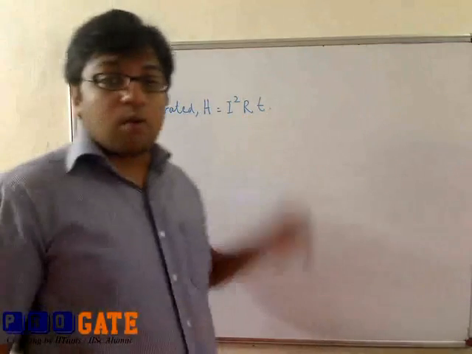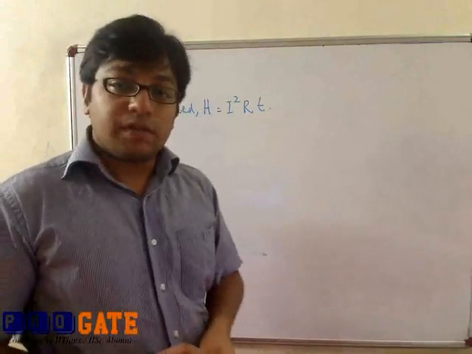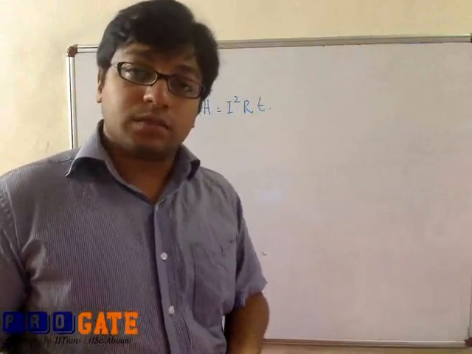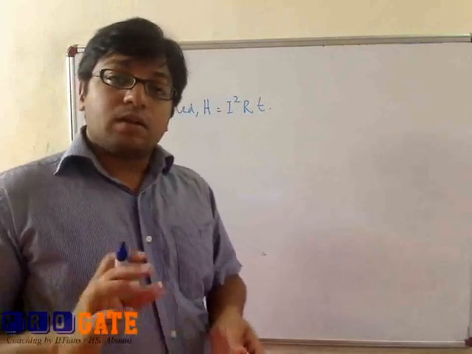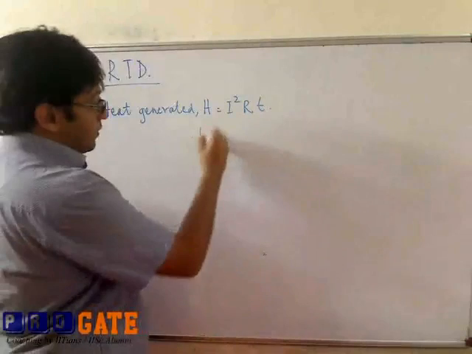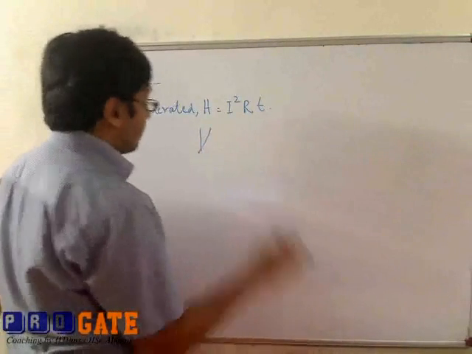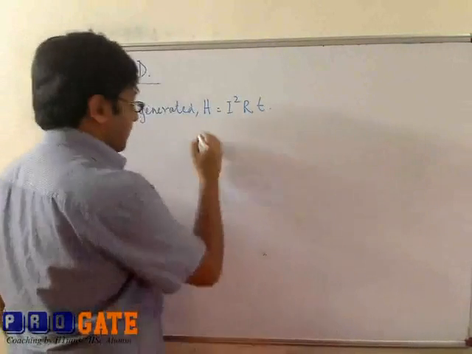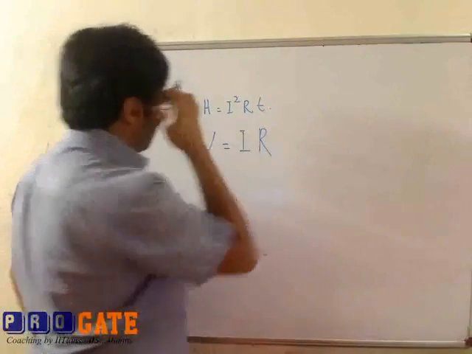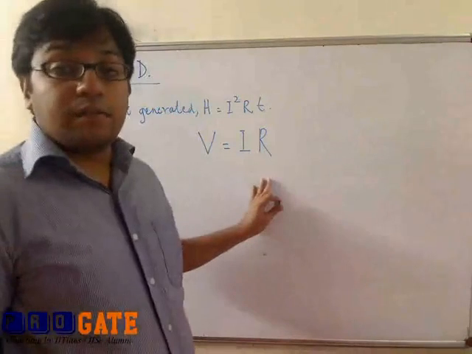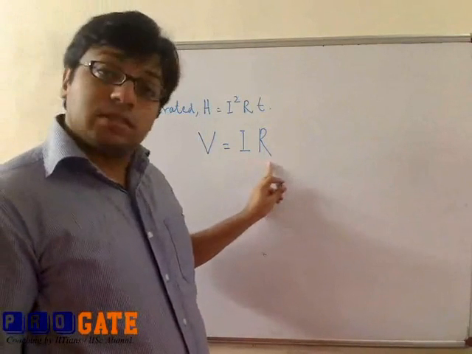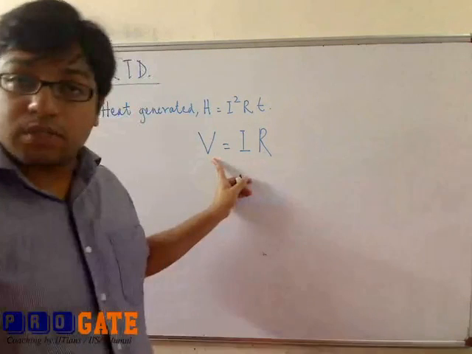When current flows through the detector, heat is generated. Because of generation of heat, the temperature changes, and this temperature change causes a change in the resistance. So if you allow a constant current to flow, then according to Ohm's law, if a constant current is flowing through the detector and its resistance changes, then the voltage across the resistance temperature detector changes.